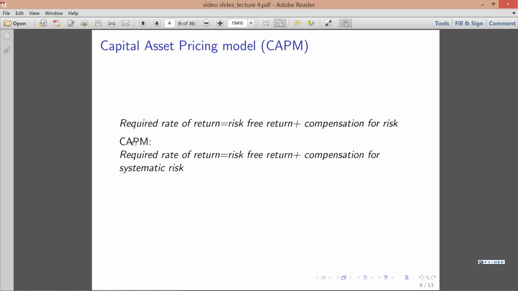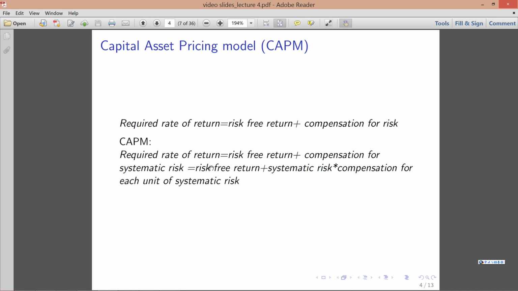Now, what CAPM does is that it goes into more detail. It says that the required rate of return should equal the risk-free rate of return plus compensation for risk, but investors will only be compensated for systematic risk. We'll talk about what systematic risk is, but generally it is one type of risk among all the risks. So it says that we will only be compensated for this type of risk.